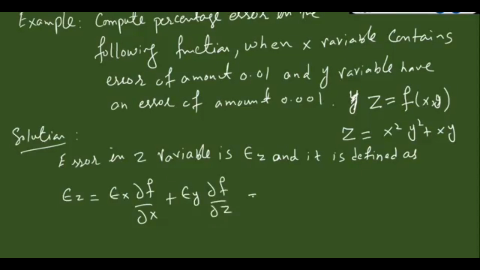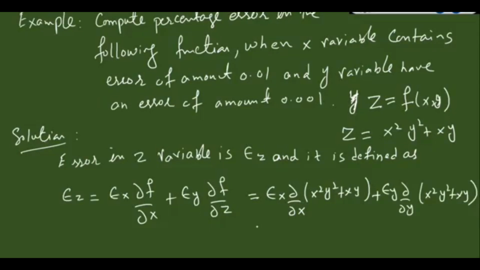So in this case, just to save space, that would be epsilon x like that, and I have to compute the partial derivative of this function plus epsilon of y, and I have to compute partial with respect to y of the same function.